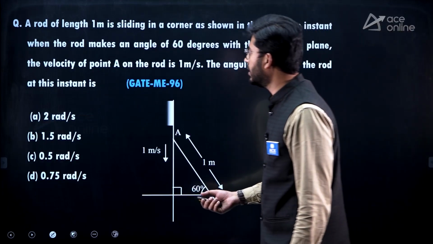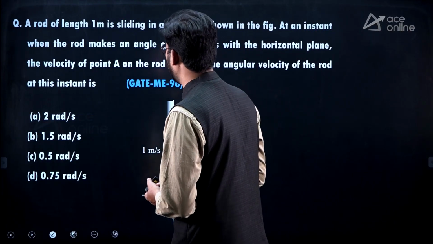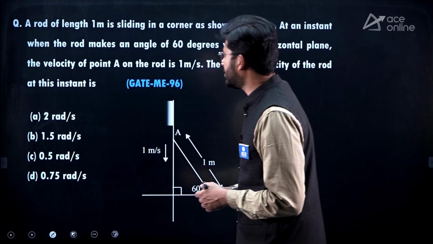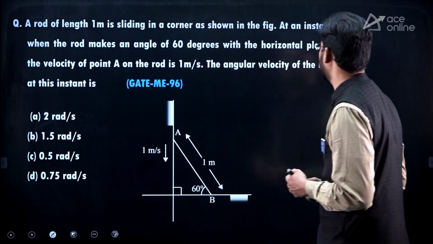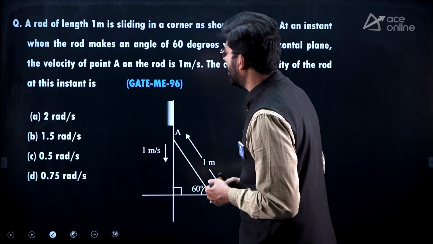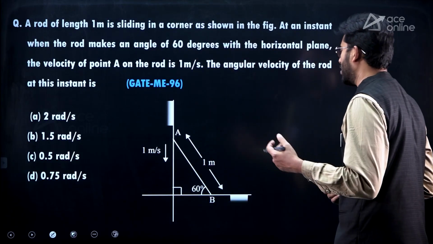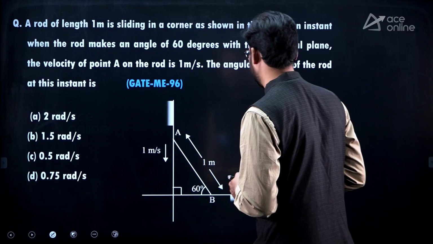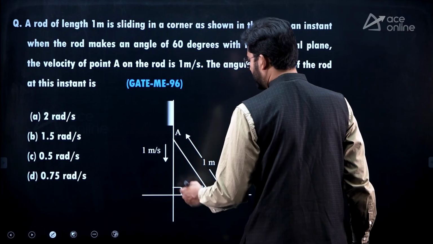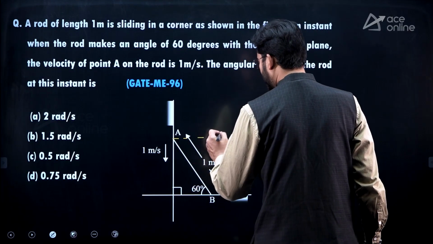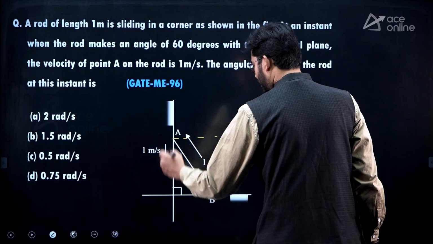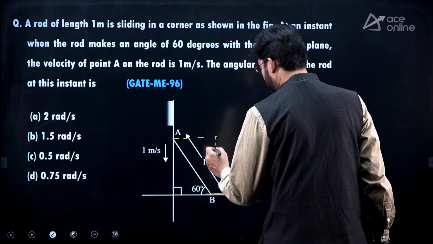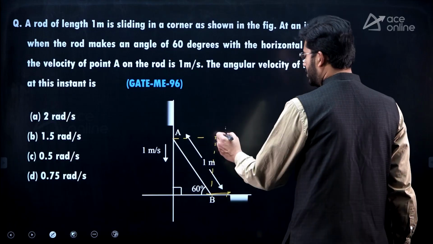Moving to next question. A rod of length 1 meter is sliding in the corner as shown in the figure. At an instant when the rod makes an angle of 60 degrees with horizontal plane, the velocity of point A on the rod is 1 meter per second and the angular velocity of the rod at this instant is dash. So at A the velocity is 1 meter per second. If we mark the instantaneous center, velocity of A will be vertical and velocity of B is going to be towards the right side. If you draw the perpendiculars, this is where they intersect.